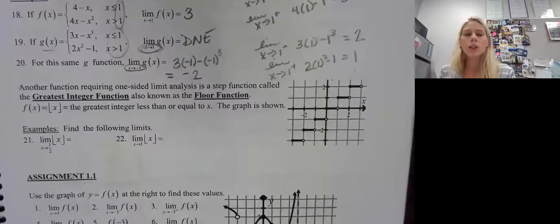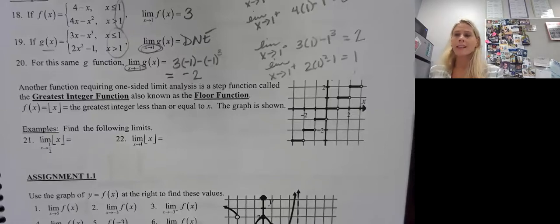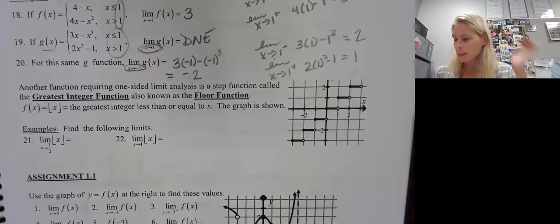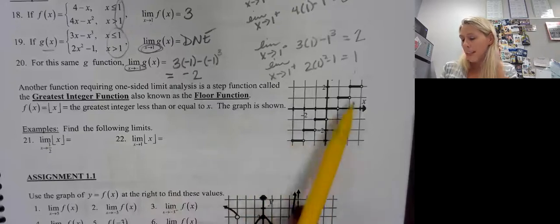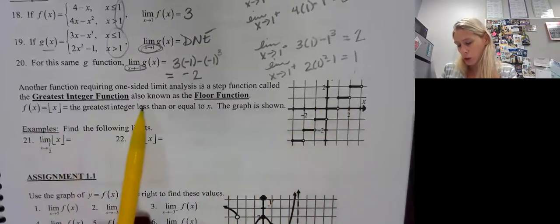Now this, I'm going to show you the graph to this, but we are not going to focus on these functions. This is the function that exists, and it's really interesting, but if it comes up on an AP test, it's going to be like 0.002%. Okay, guys? This is called a step function or the greatest integer function.